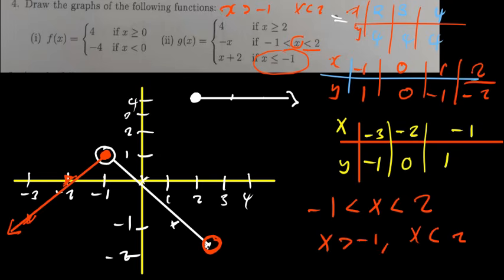I'm ending on 2, but 2 is not included. But starting from -1 not included. That's why I have put the end point here open, even this one open. Okay? So try to explore different types of questions based on the same piecewise function, and I believe you'll be able to solve. Okay?